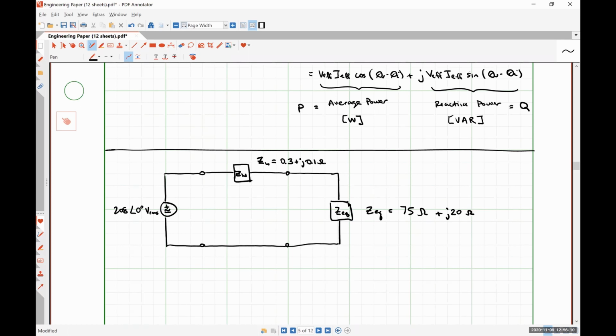So my question to you guys is, how would we go about determining, let's say, the average power absorbed by our home, which is represented by the quantity ZEQ here?